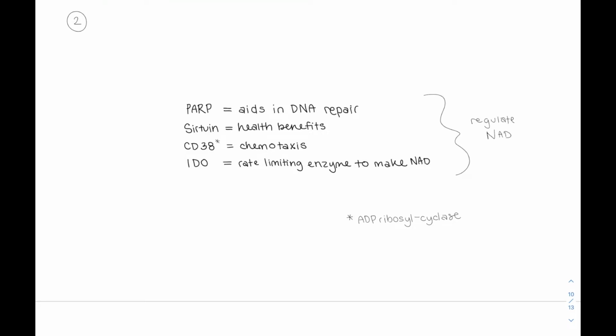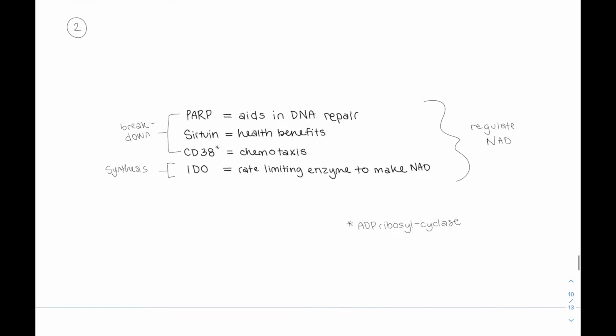How do they do this? Well, the first 3 break down NAD in order to use it, and then the IDO synthesizes NAD.